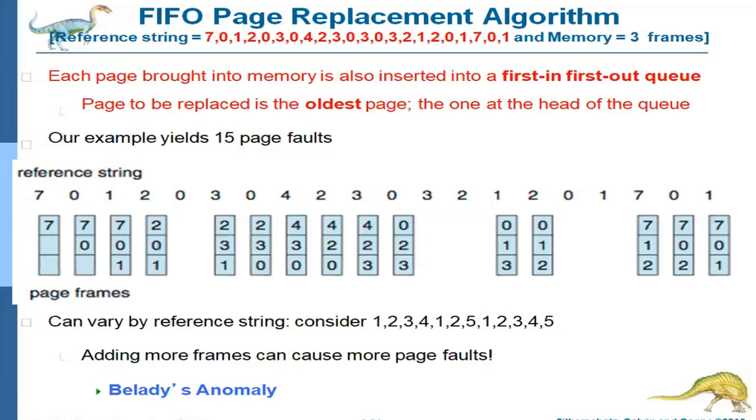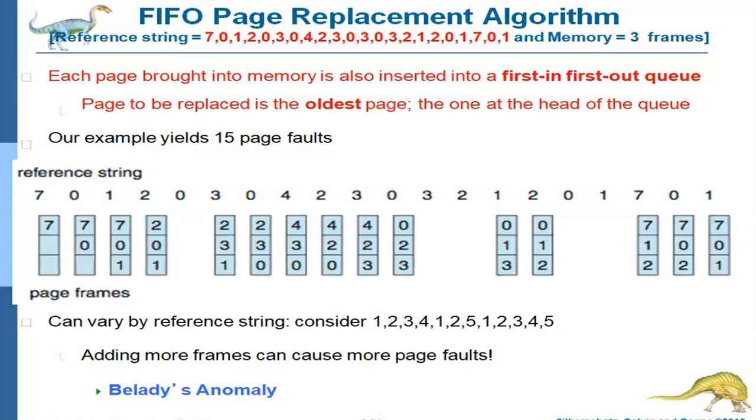Is 0 in this free memory? No. But a frame is free, so you can store that page into the frame. That is 7 0. That means a page fault here. How many page faults? 2.